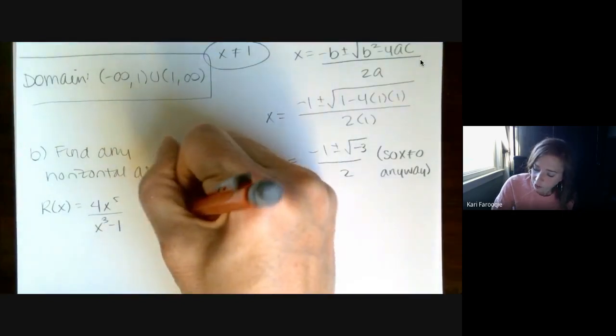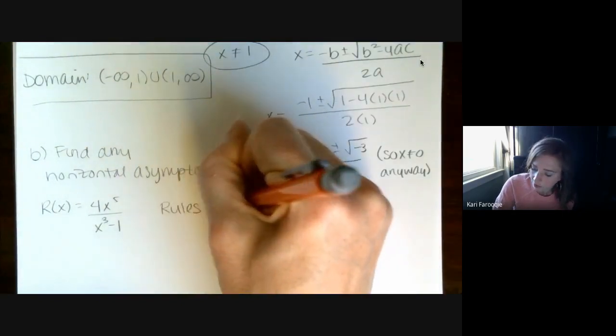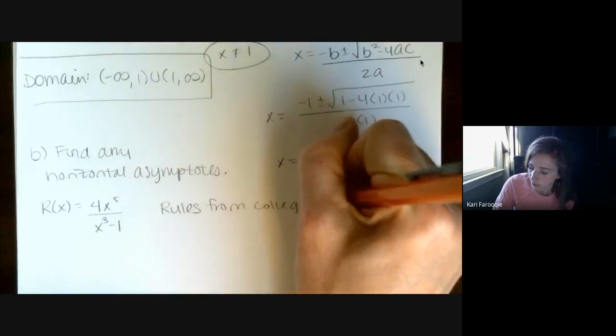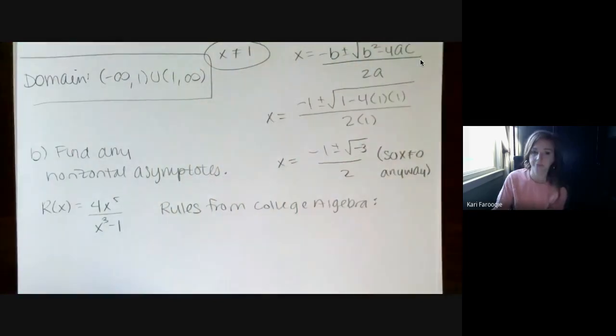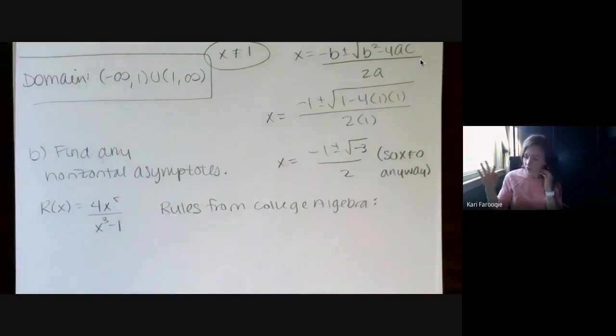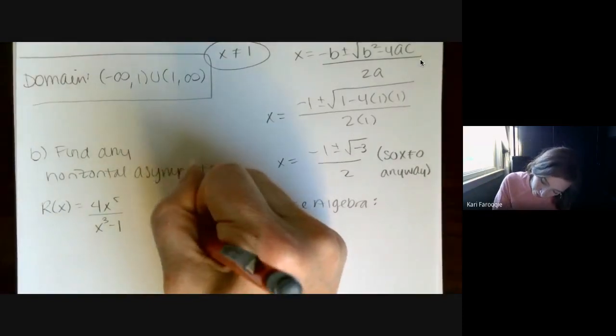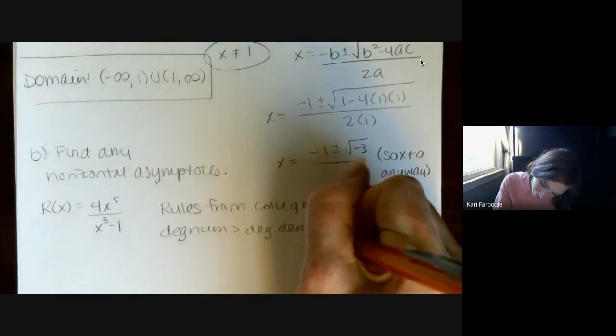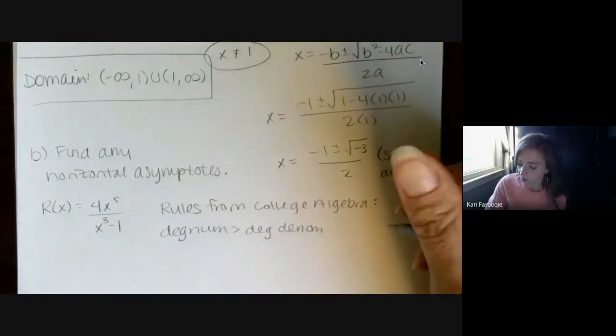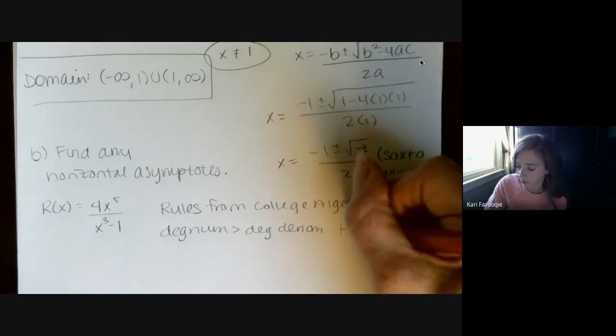So you can use the rules from college algebra. If the degree of the numerator is greater than the degree of the denominator, then your horizontal asymptote does not exist.